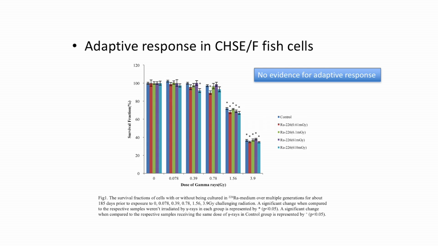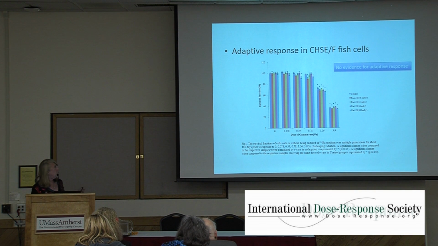There was no evidence of an adaptive response when they got the high dose. So you're getting an adaptation, an evolutionary adaptation over time to the actual chronic exposure to radium in vitro, but you're not seeing the classic adaptive response which you would expect. You get it after an acute dose, but not after a chronic dose.